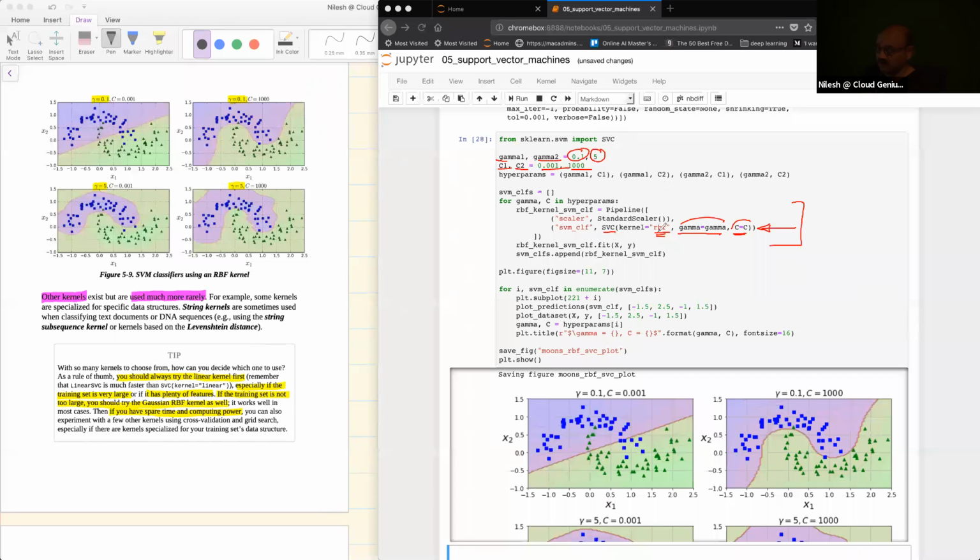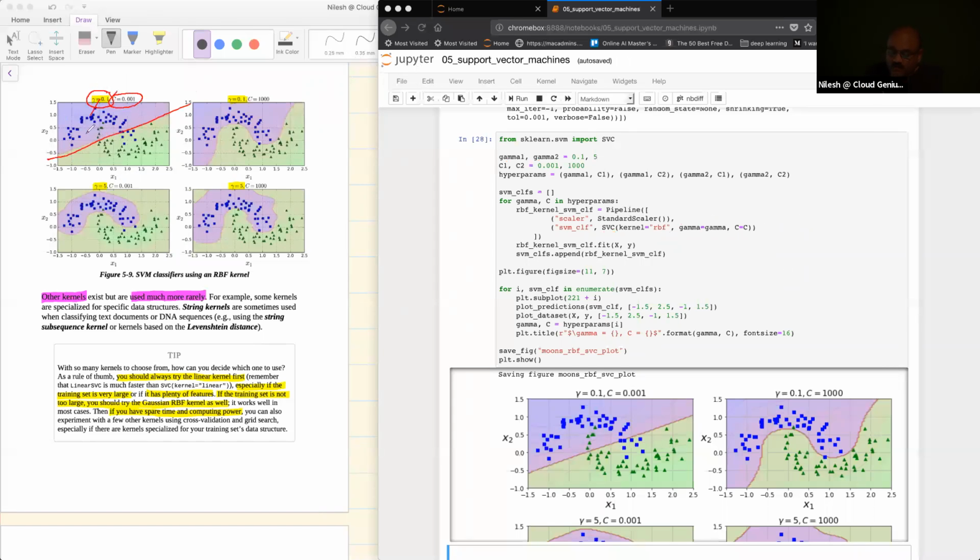It will not be as wavy as you expect it to be. That's what you see right here in this picture, where it is almost a straight line. Here your C value is 0.01 and the gamma value is also low. So together they make the separation line almost a straight line.